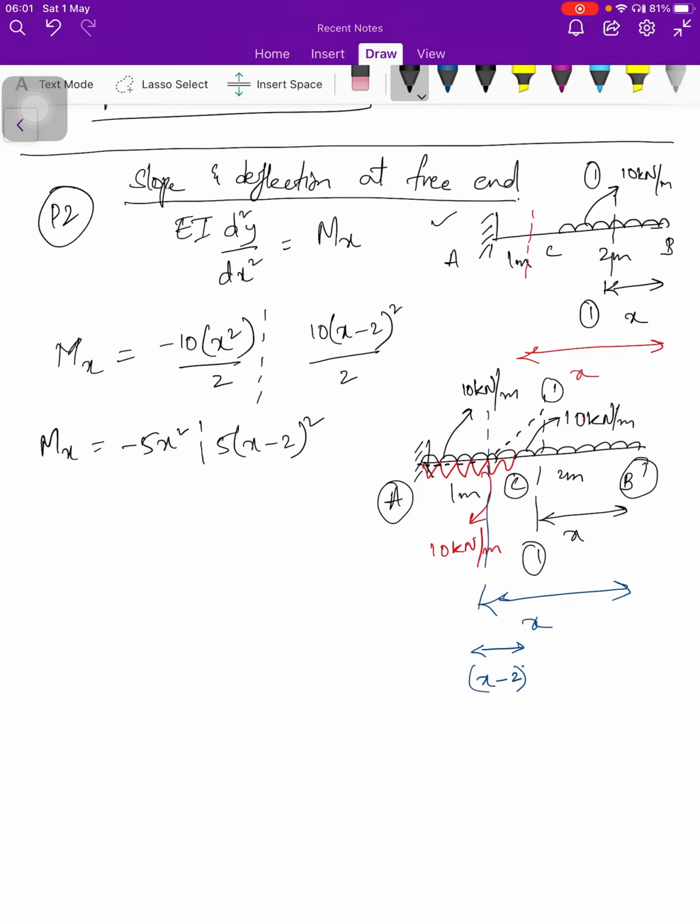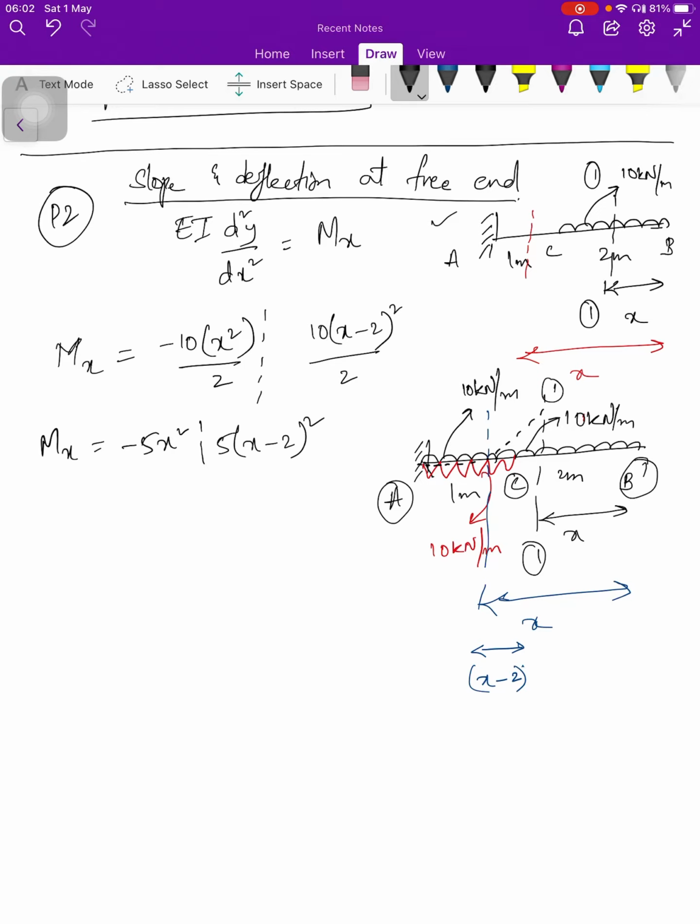Okay, so this is 10 kilonewton positive, vertically upward force, and what is in the black will be vertically downward. Now writing the moment equation, considering section 1, at a distance of x from the point B, the equation will be minus 10x square by 2.